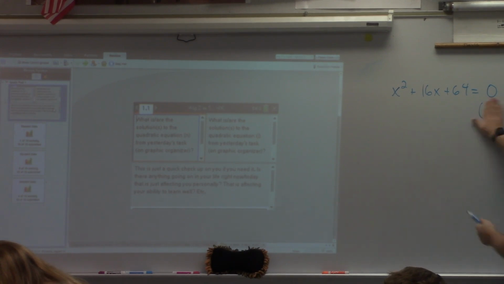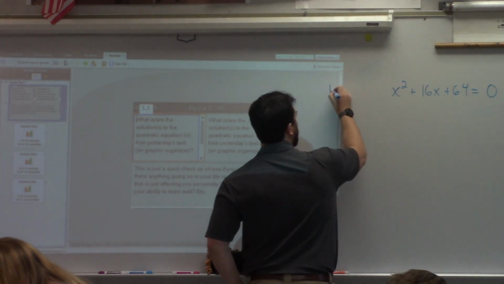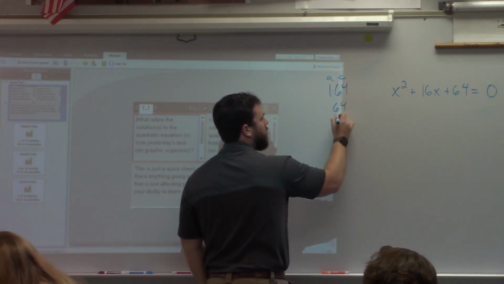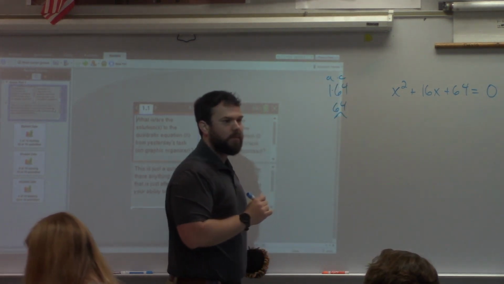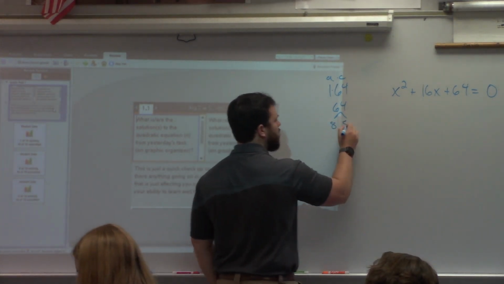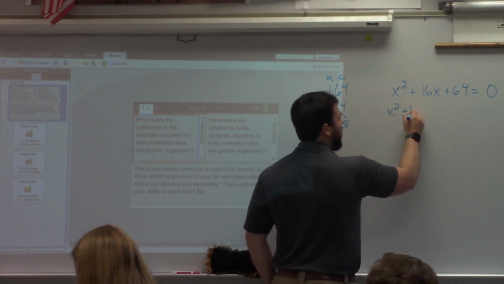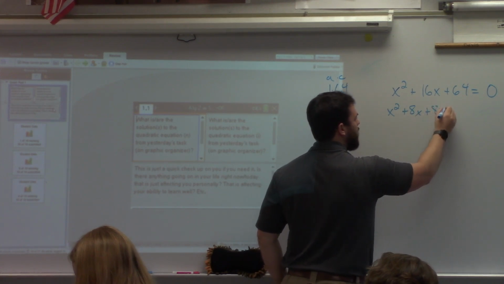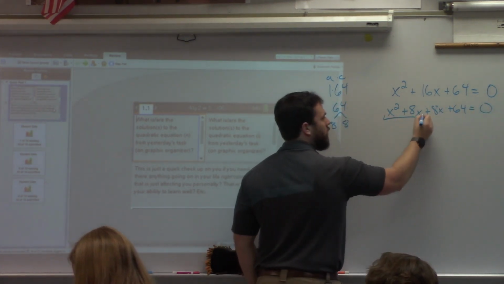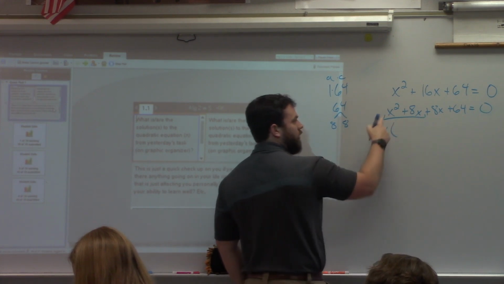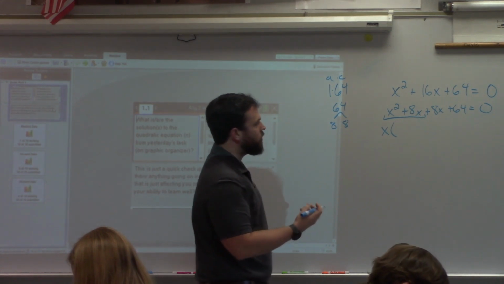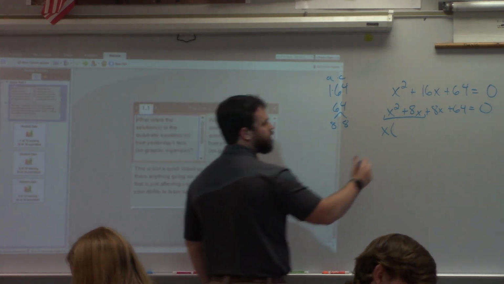And so when we started here, I saw a great level of success around the room of doing a times c. What are factors of 64 that add up to 16? 8 and 8. Stop me if you got lost at any of these places, but I believe that we got through this pretty well. The only factor of x squared and 8x is x, and so what am I left with when I factor that x out?